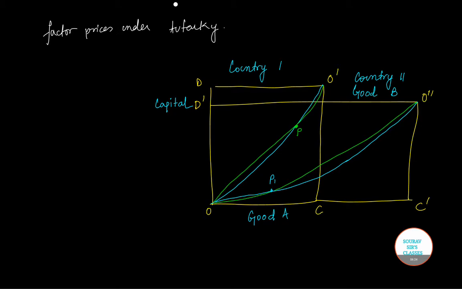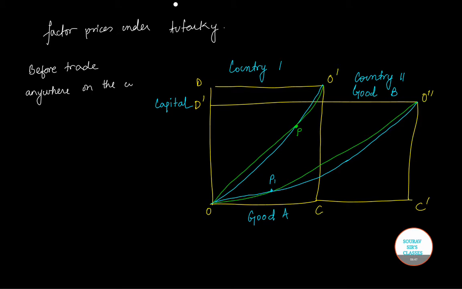Now before trade, the two countries can produce anywhere on the contract curve. So your first question has been answered. You must be wondering what are the lines or the curves that I have drawn.